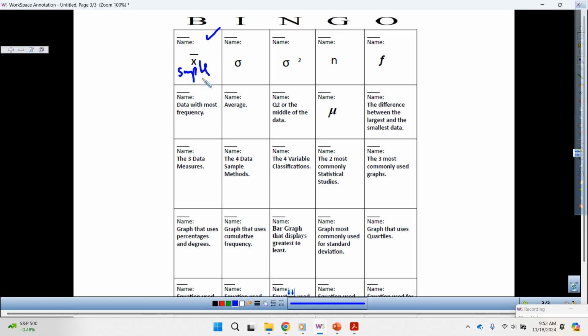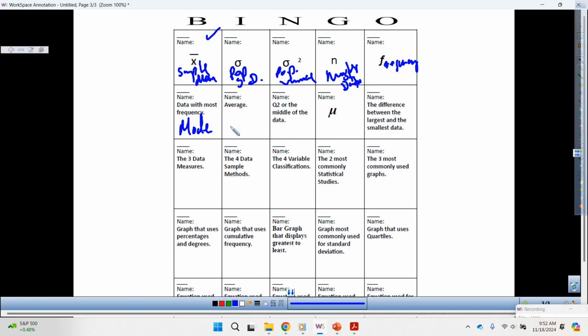Sample mean, that is correct, which means this one is population standard deviation, which means this one is population variance, which means this is the number of data. Of course, this is frequency. Data with the most frequency. This one I was like, can't believe some of you guys forgot. Mode. What happens most often?